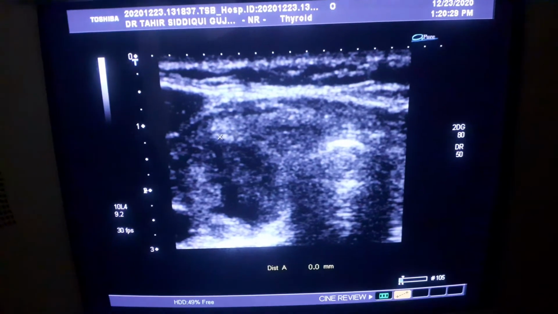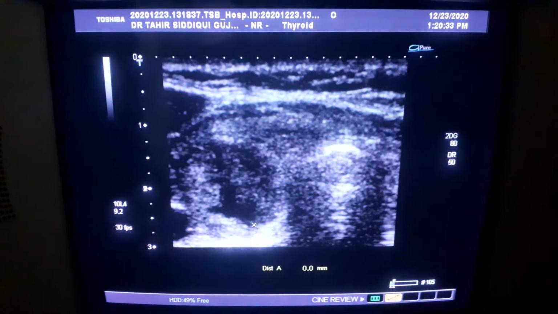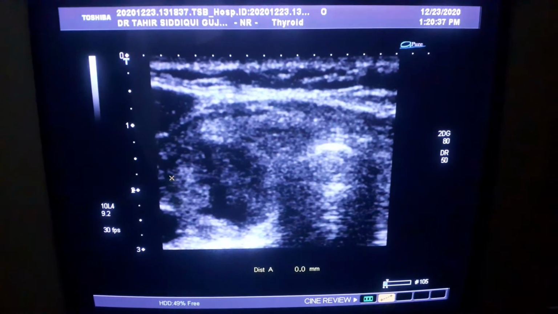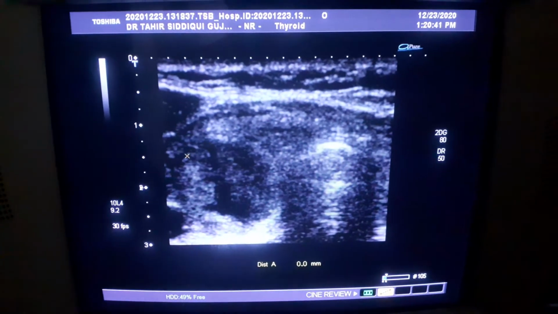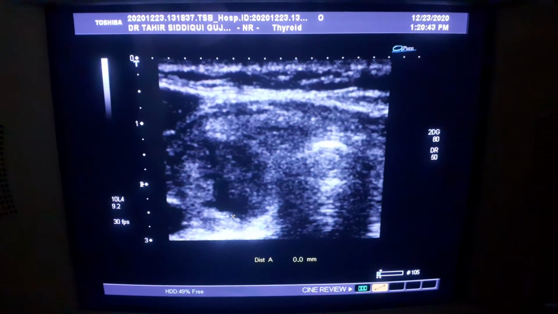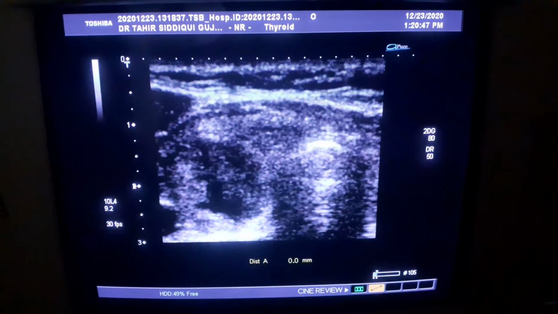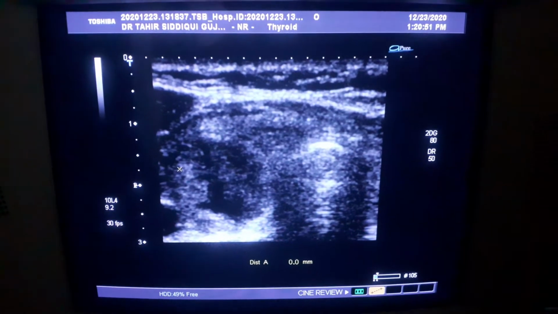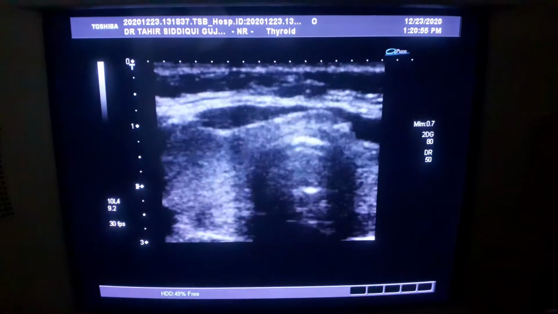The wall does not show any lobulation, and the internal area shows echogenic areas. This is the wall of the cyst, and these echogenic areas are representative of degenerative material within this cystic area.